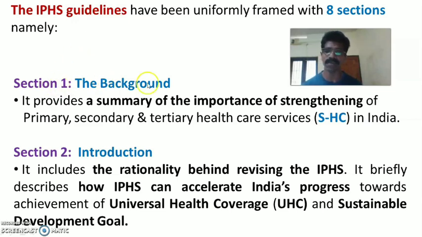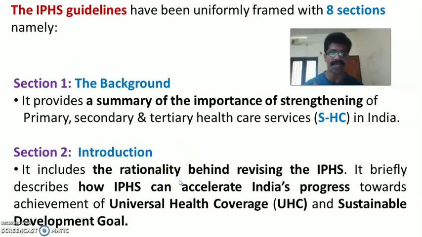The first section is the background about the topic of the IPHS standards. So that gives a summary of the importance of strengthening primary, secondary, and tertiary healthcare level services in India, and especially the importance of strengthening the sub-health center in India for the rural population. And the second section is the introduction section. It includes the rationale.